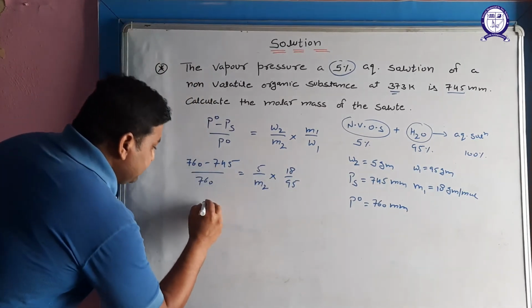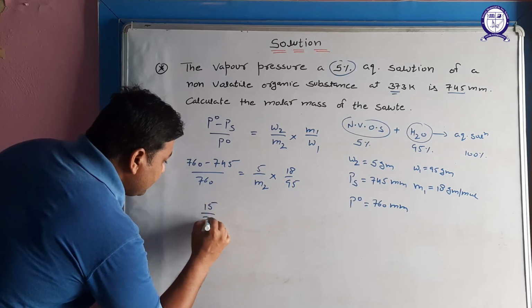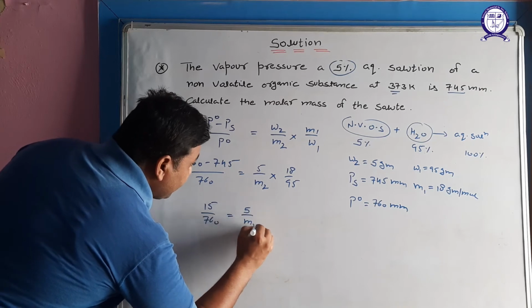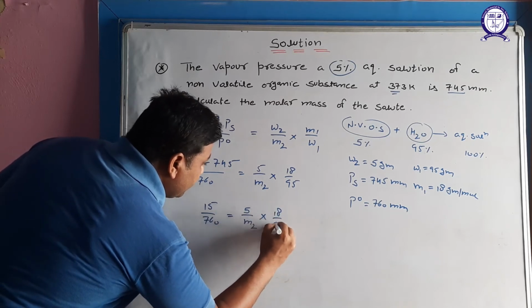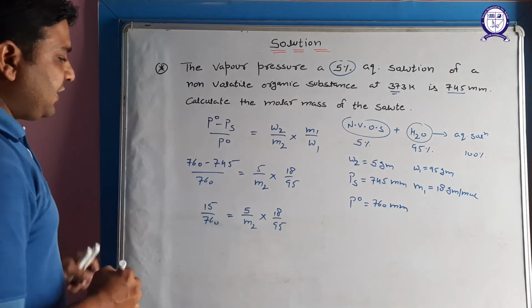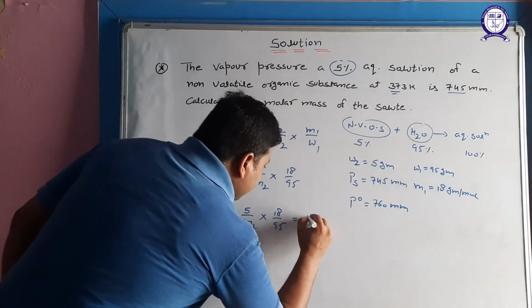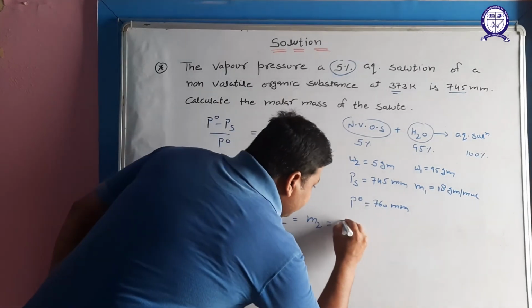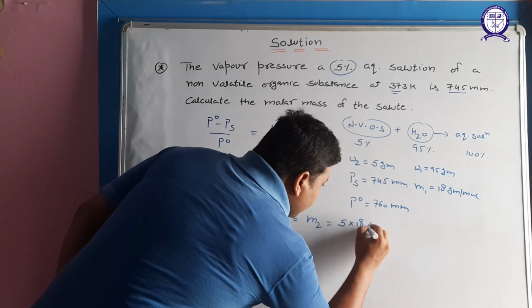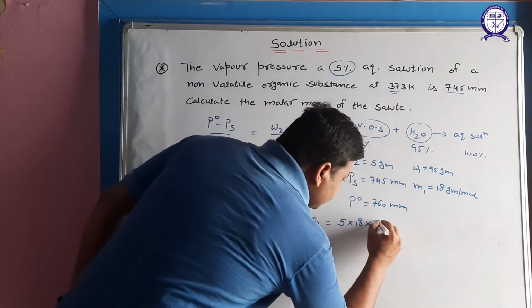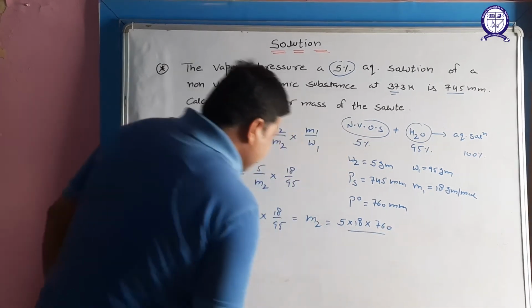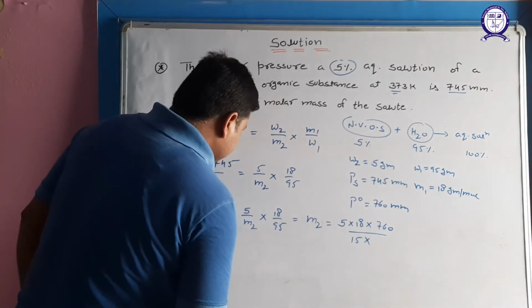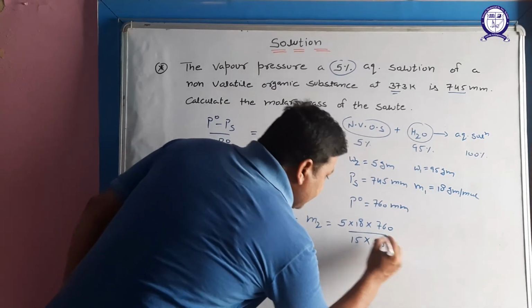Clear? 15 by 760 is equal to 5 by M2 into 18 by 95. By cross multiplying, M2 is equal to 5 into 18 into 760 divided by 15 into 95.